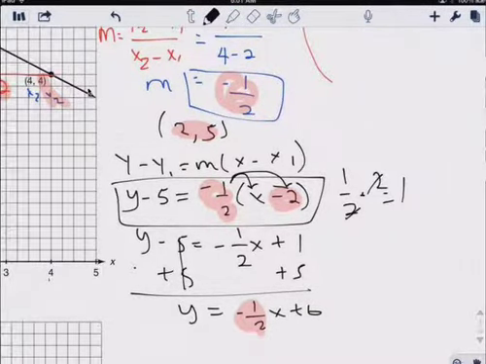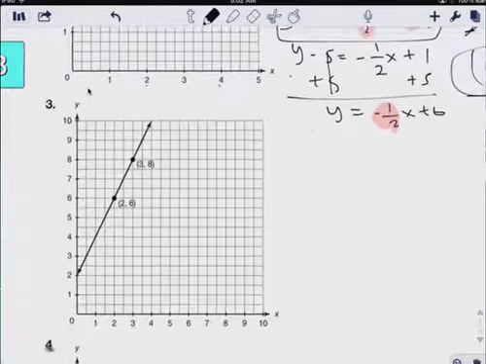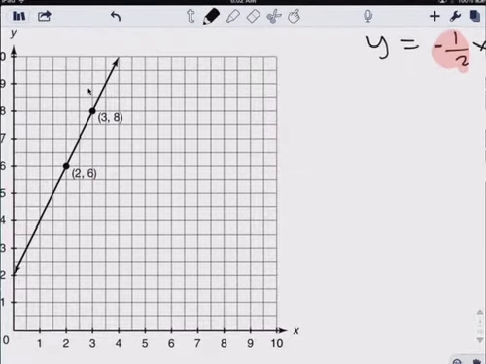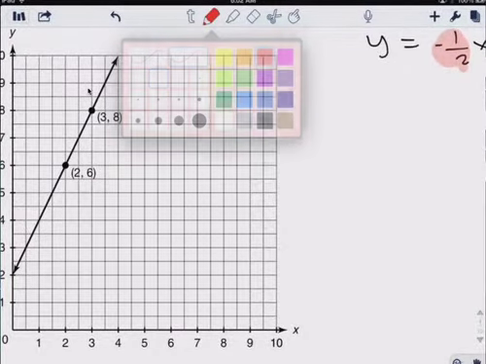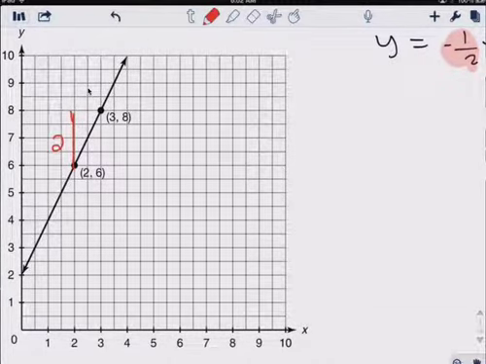So my y-intercept is 0, 6. Okay, this graph is going up, so your slope should be positive because you go up first. Up, that's 2. 6 to 8 is 2 over 1.